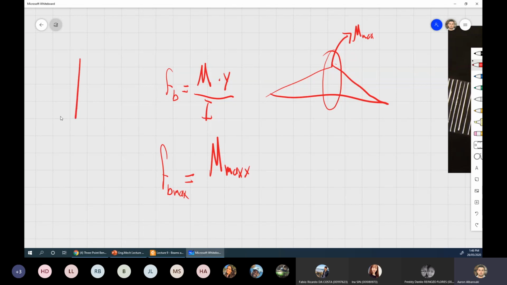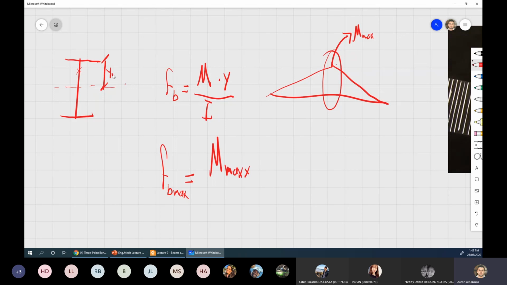So if this is my beam, for example, if I tell you Y is the value from any point here to the neutral axis, what would be your maximum Y? This is your maximum Y, right? Half the distance, like half the depth of the cross section in theory.